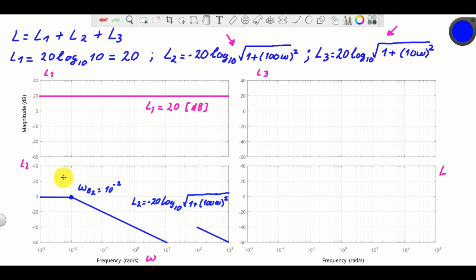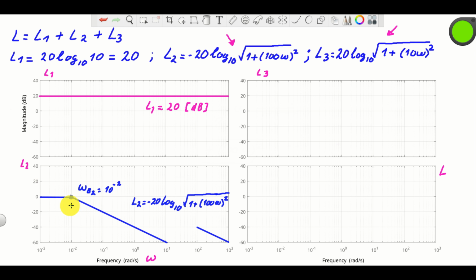In reality, L2 does not exactly look like this. It will look more like this. Over here, we will have a point of minus 3.01 dB, and you can obtain this point by simply substituting the break frequency here, and you will obtain square root of 2, and if you take 20 log with a base of 10 of a square root of 2 with the minus sign, you will obtain minus 3.01.